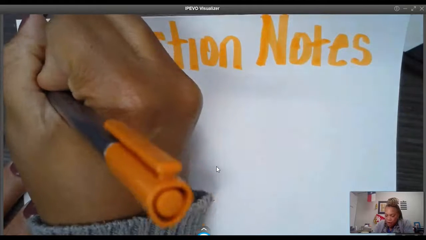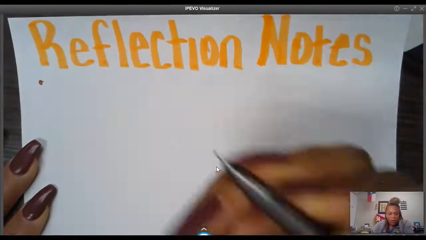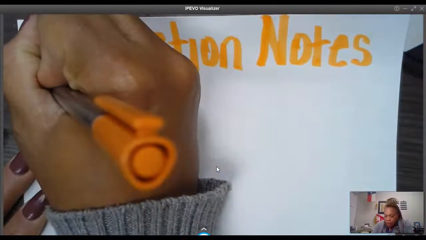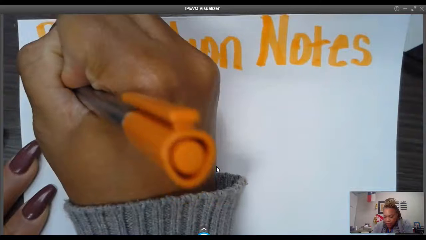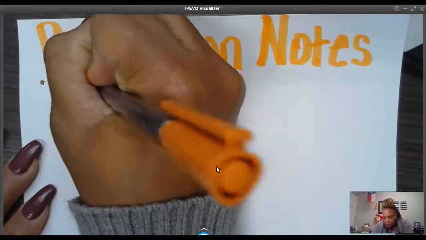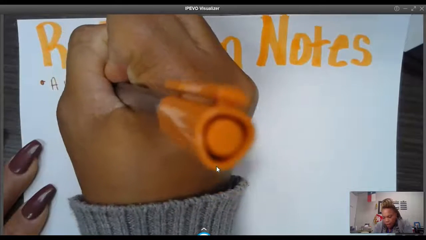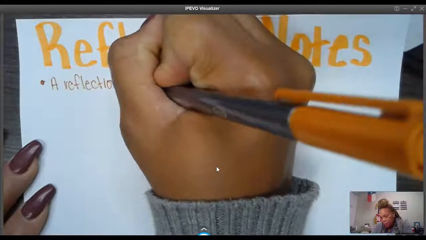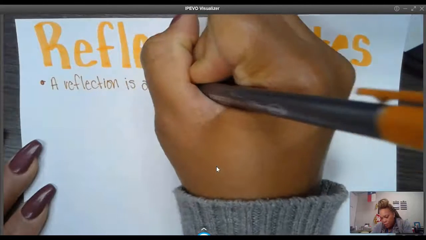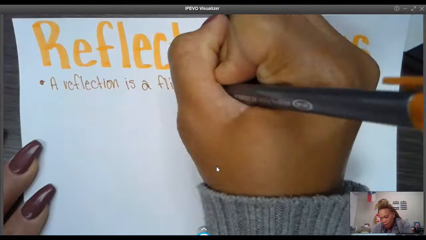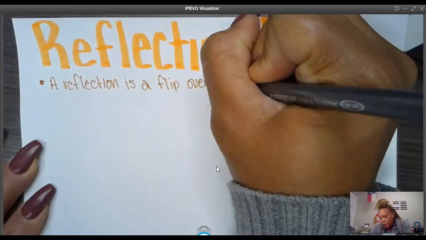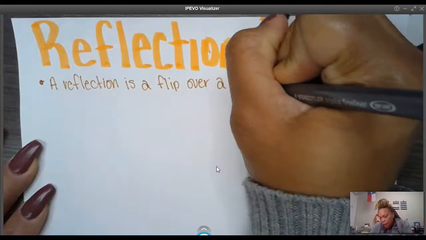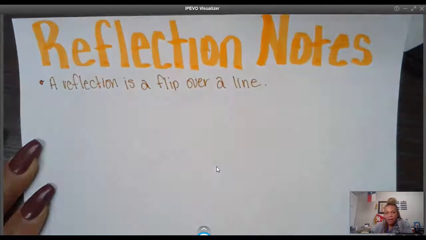So we've already talked about vocabulary. We've taken a quiz over vocabulary, but just to kind of reiterate, a reflection is a flip over a line. And I'm strictly talking about a reflection on a coordinate plane, okay?